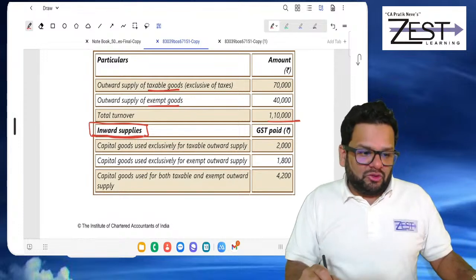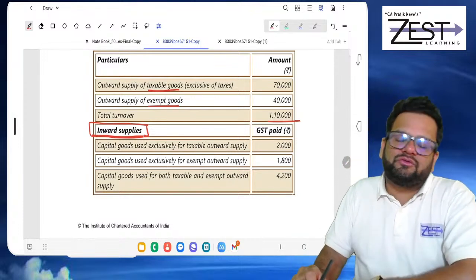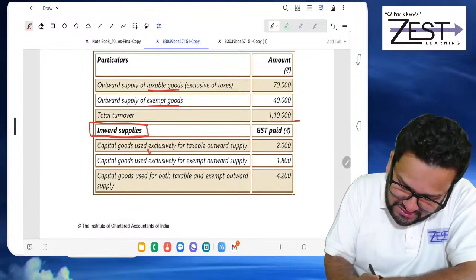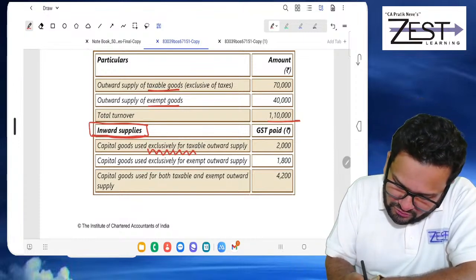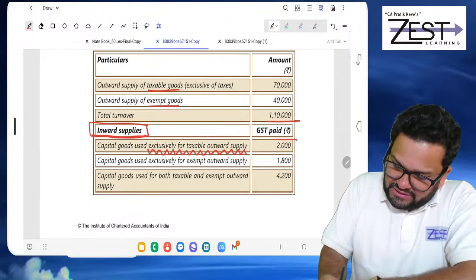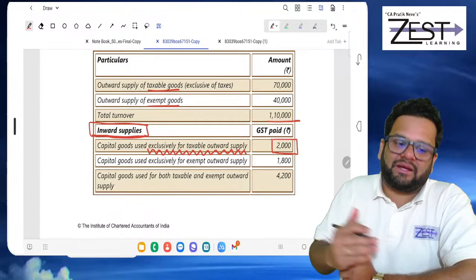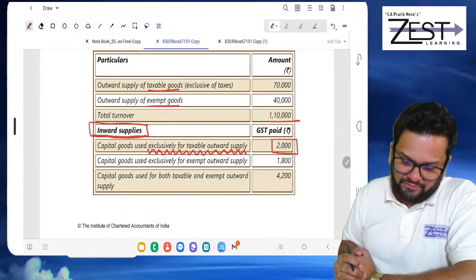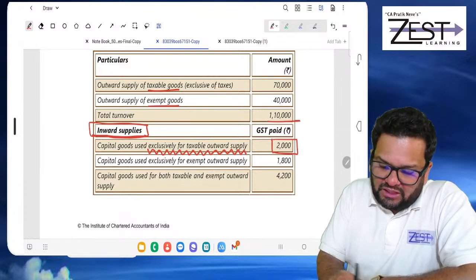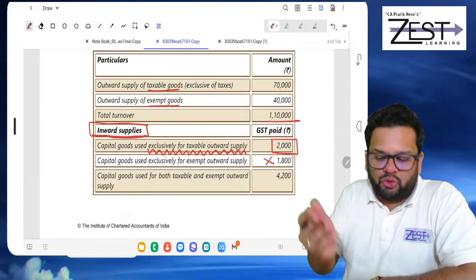Now capital goods used exclusively for taxable outward supply. Friends, exclusively for taxable outward supply, please take it. You have to take it. Capital goods exclusively for exempt outward supply, don't take it.